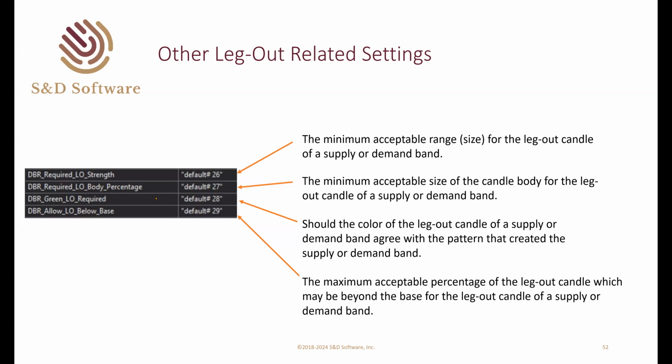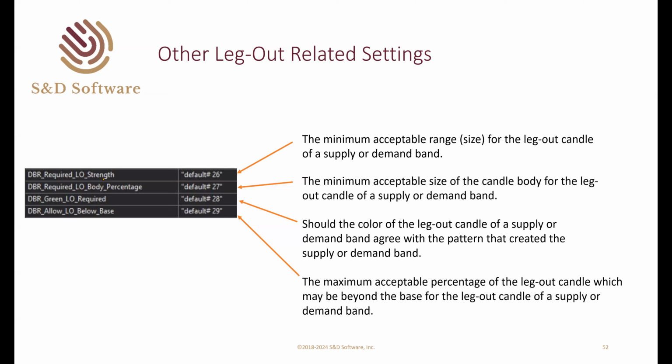Okay, so the first setting here is the leg out strength. Again, we talked about that earlier and how that's going to be a multiple of the ATR. The next one is how much of the leg out candle should be in the body versus the wicks.